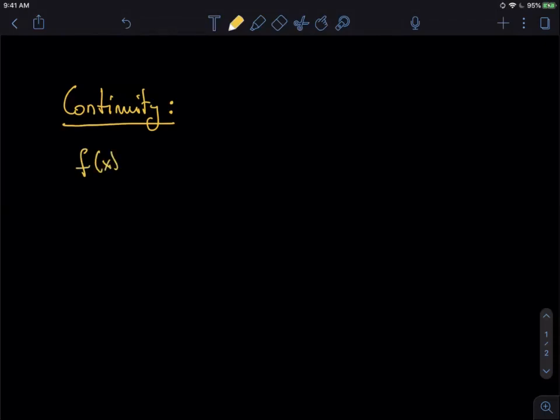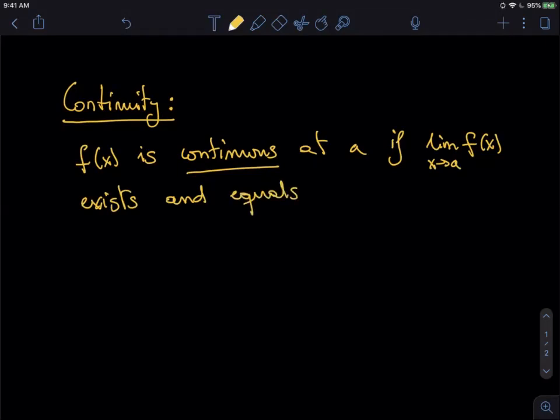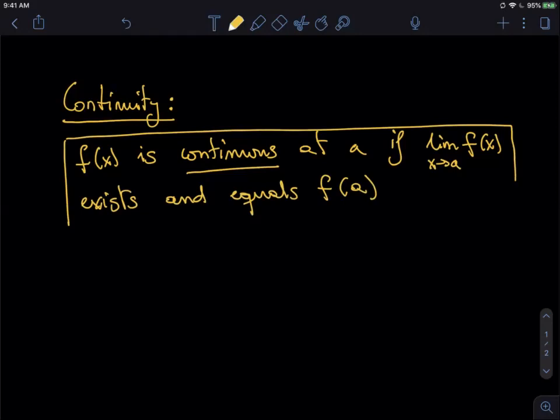We say that the function f of x is continuous at a point, let's say a, if the limit of f of x as x tends to a exists and equals f of a. So this is the definition of continuity that we are going to be working with.